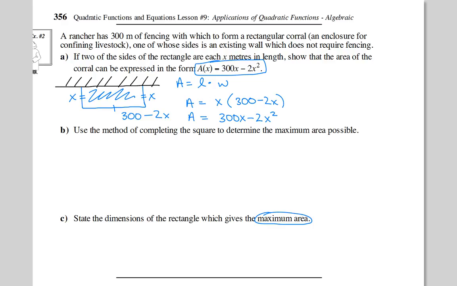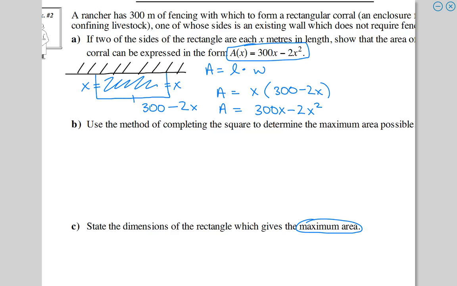It says use completing the square to determine the max. So to do completing the square, it has to look normal. Let me reorder it. So there's your area function, which depends on x, and I put it in the right order. You always have to have the squared term first. Now recall what we did with an a value.